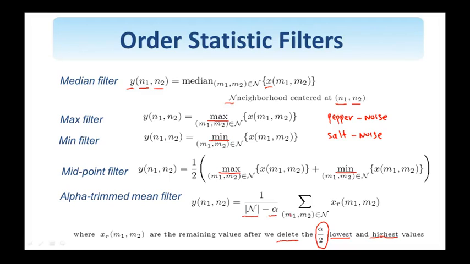So clearly, for alpha equals 0, we obtain the arithmetic mean filter, while for alpha equals the number of pixels in the neighborhood minus 1, we obtain the median filter.